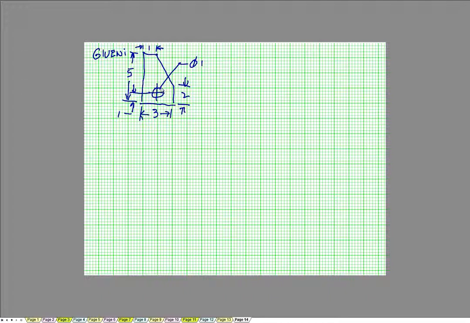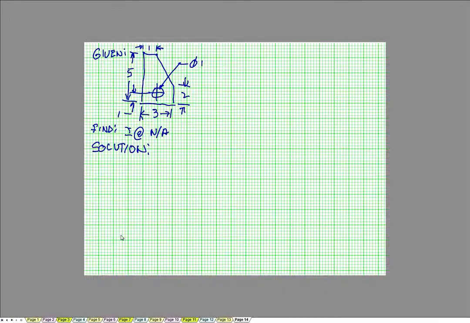This is a hole, 1-inch diameter hole. And I want to find the moment of inertia at the neutral axis, which is also the centroid. Sometimes the book might throw a little bit of different terminology, and that's what we're talking about. So the moment of inertia at the neutral axis.